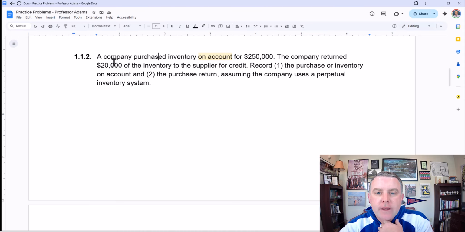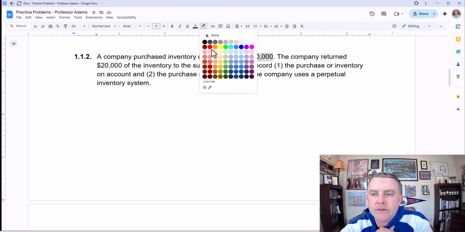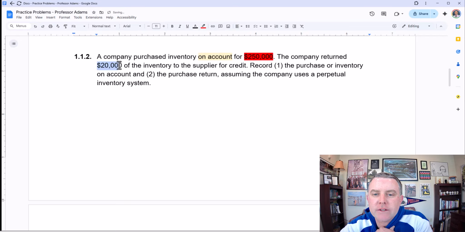They bought 250,000, received the shipment, and realized $20,000 of it was defective and sent it back. Our job is to record the two journal entries: the initial purchase of 250,000, and then the $20,000 return.